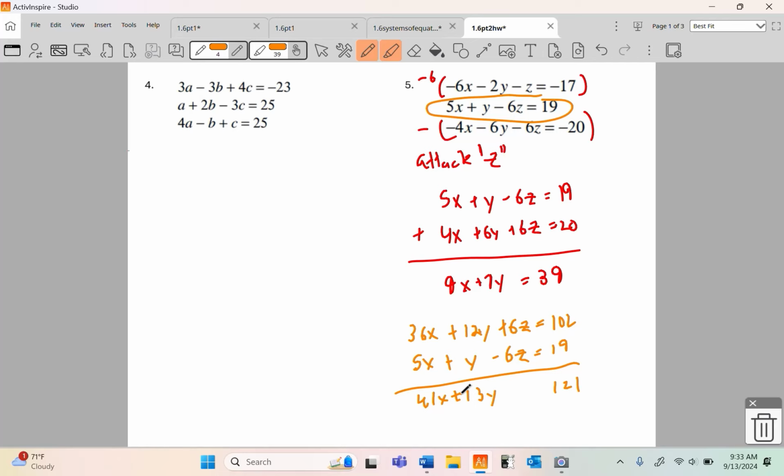I probably should have picked better. Okay, so this kind of stinks. I think I'm gonna go after the Y's because they're smaller. What's the smallest thing 7 and 13 both go into?